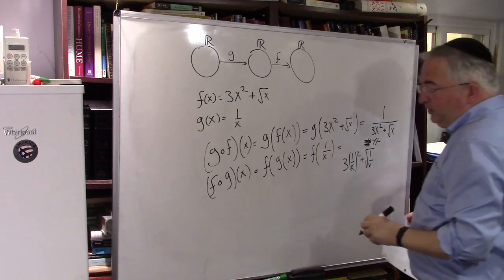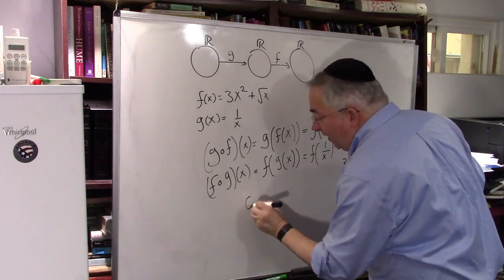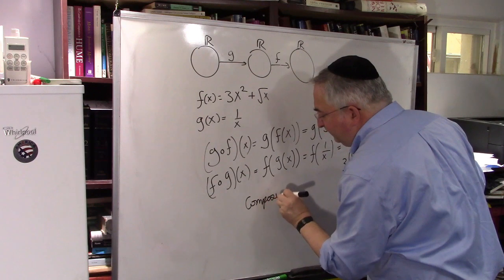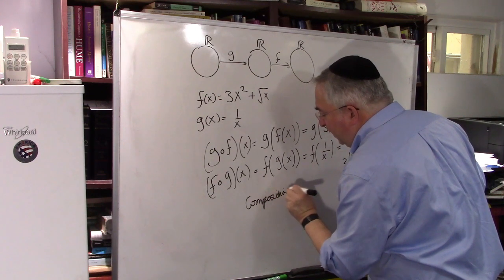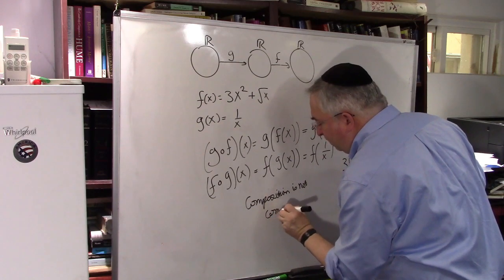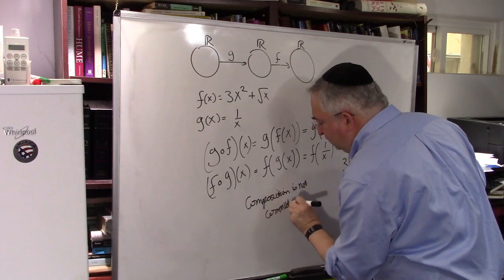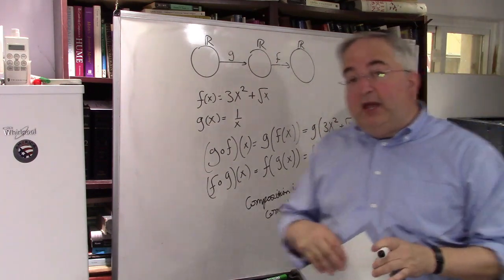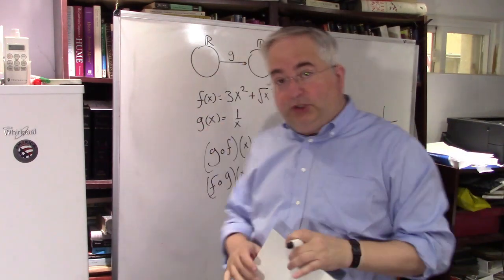Okay? And what we say is composition is not commutative. Okay? So we had this notion of a commutative operation.